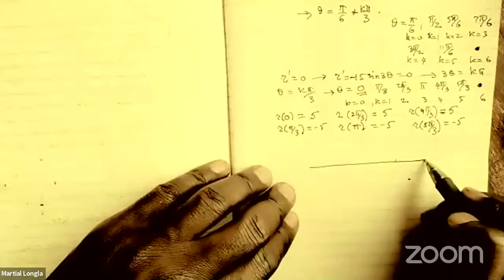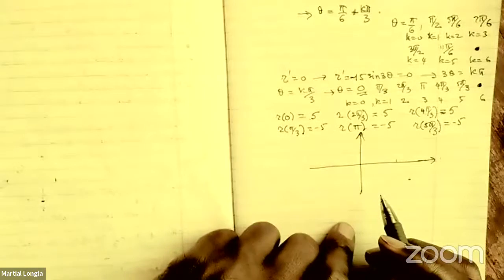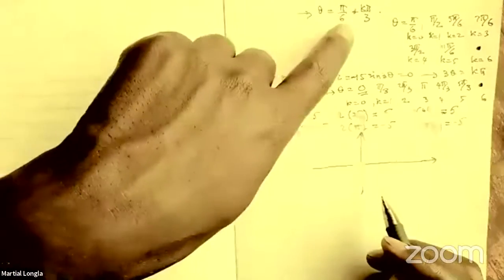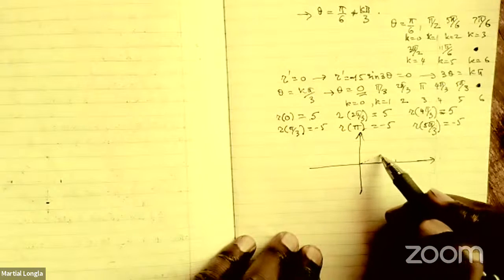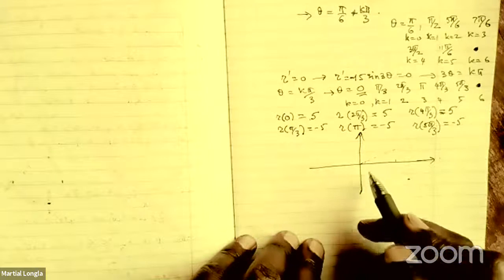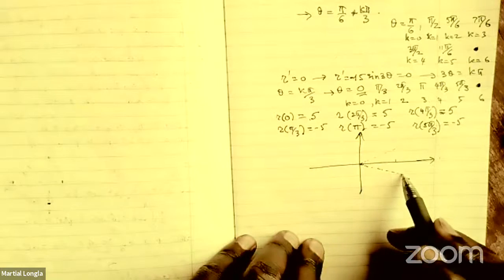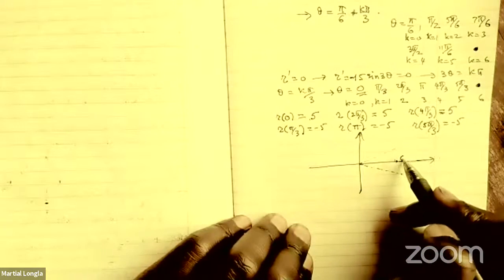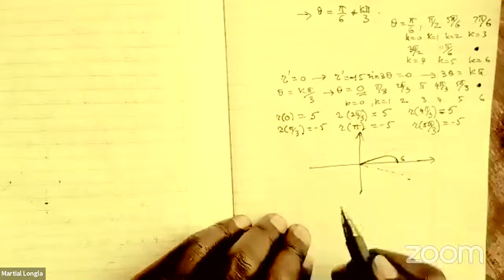And then you try to do your sketch. The interesting angles are first the angles where you get back to 0, which are 1, 2, 3, 4, 5, 6. Then pi over 6, you're going to have one angle there, and on this side, 11 pi over 6 is going to be on this side. Right. And when you start at 0, r of 0 is 5. It starts at 5 and it goes down to 0 from here.